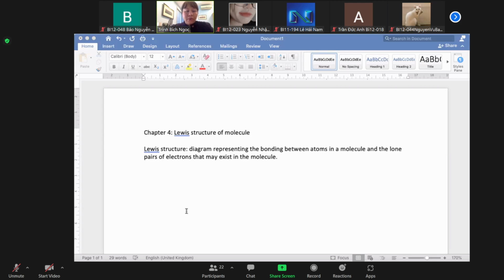So an example of a good Lewis structure. We try to find a good one. So, for example, this is the Lewis structure for sulfuric acid, H2SO4.